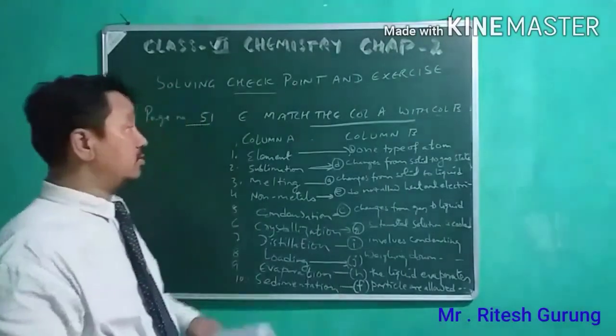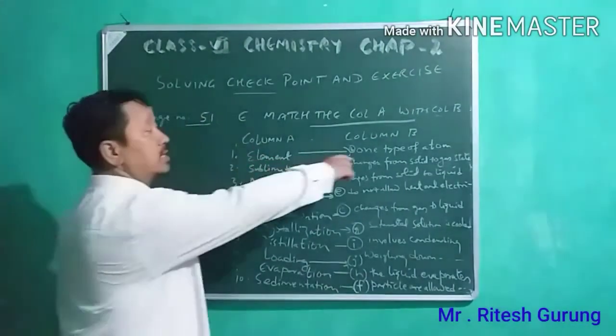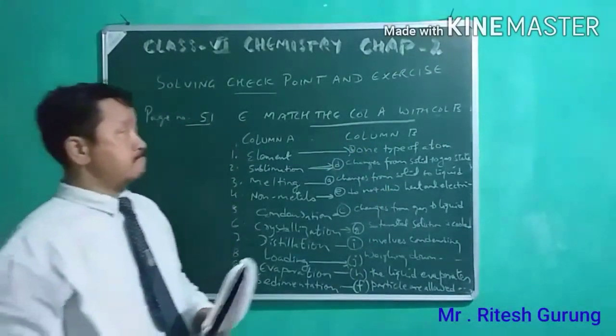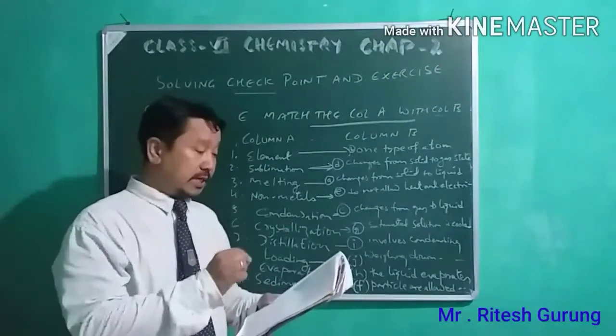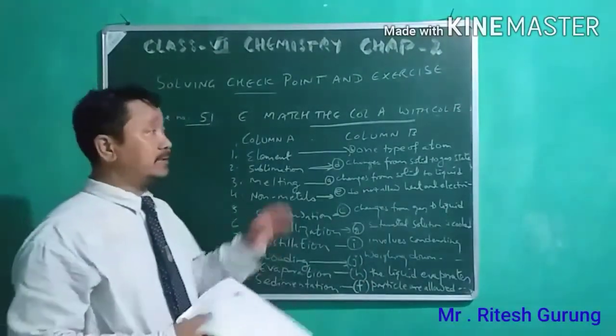So this is how we have matched column A and column B. These are the objective type questions given in the book, which are solved this way.